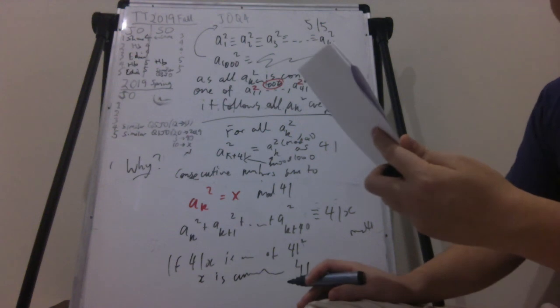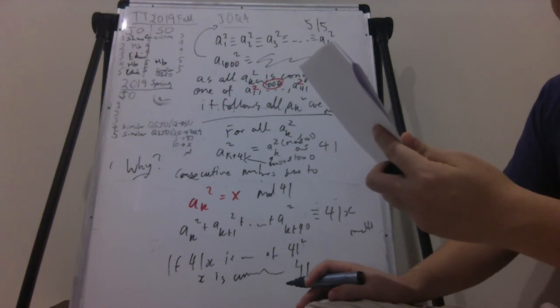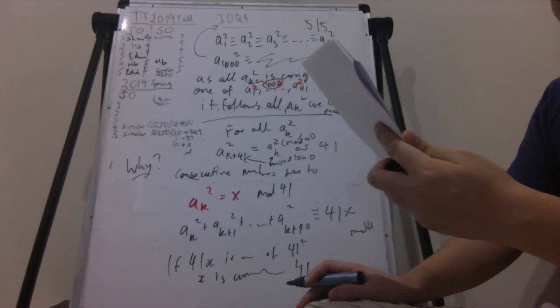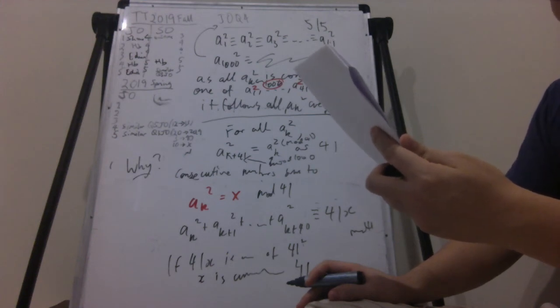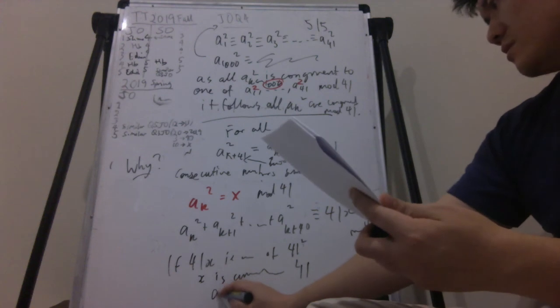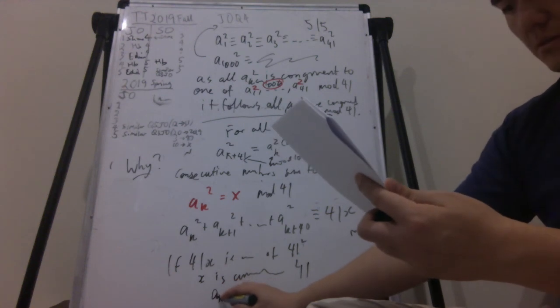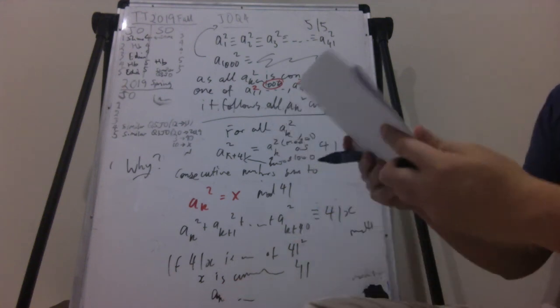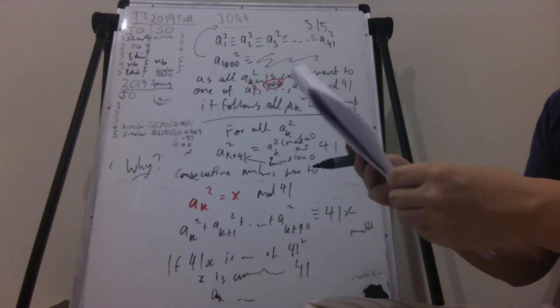Since x is the square of one of those, it must also be divisible by 41. Yeah, I guess you really want to say since 41 is prime, right? So since ak, yeah, and then that's done. So they are divisible by 41.